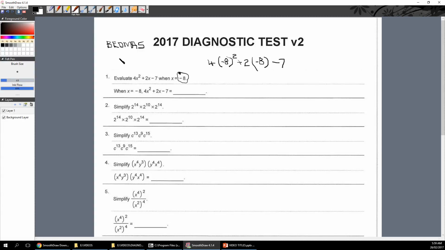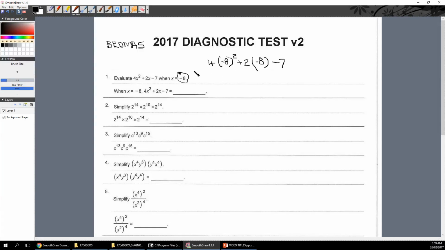So this is what we call the order of operations. We do brackets first, exponents, division and multiplication together from left to right, then addition and subtraction together from left to right. Okay, so now what we're going to have to do is get rid of the brackets there, possibly.